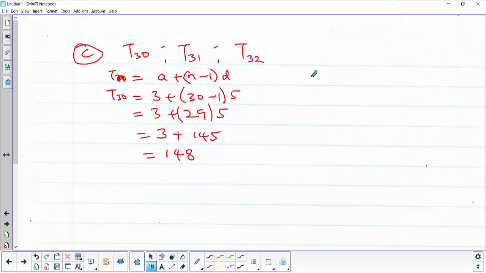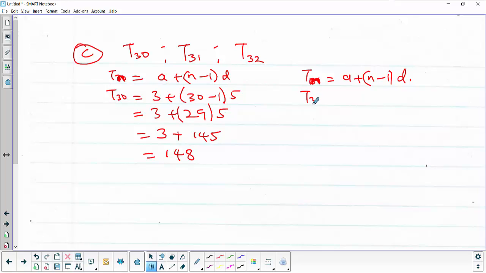So let us try T31 now, which is going to give us A plus n minus 1 into D. That's the general formula. Don't forget to put n here. Sorry for that. n is supposed to be here.